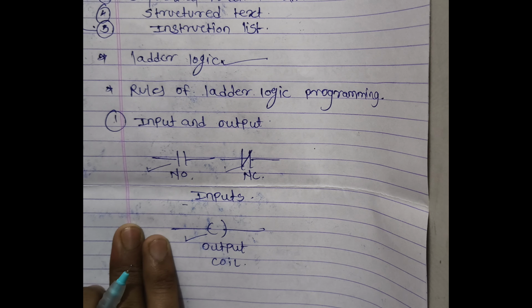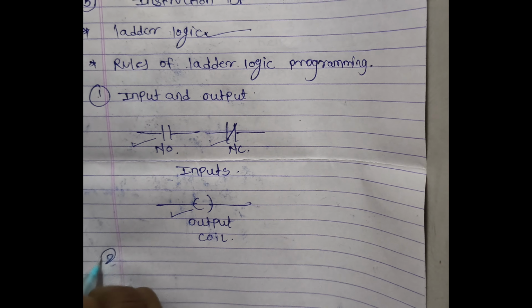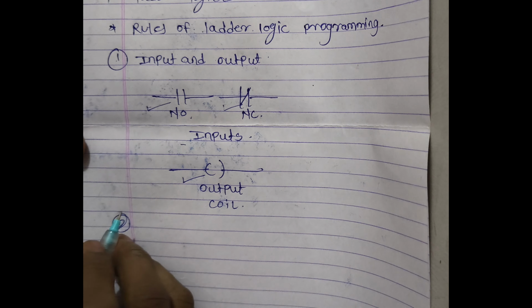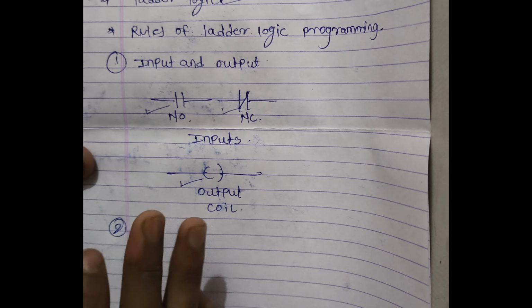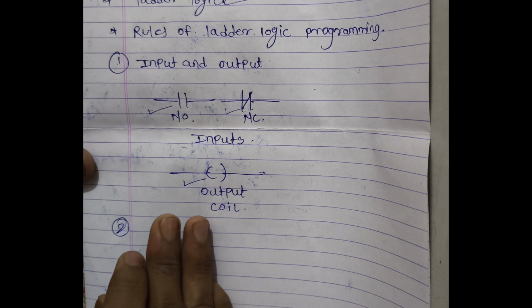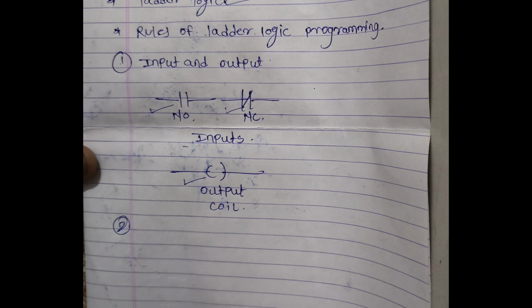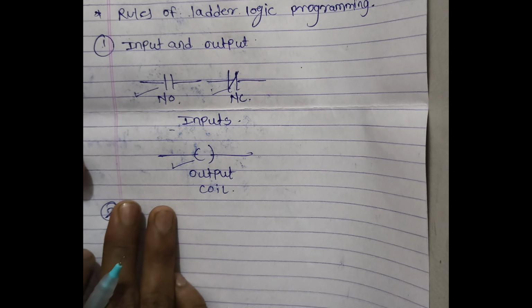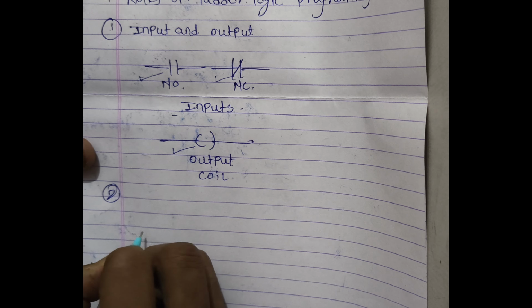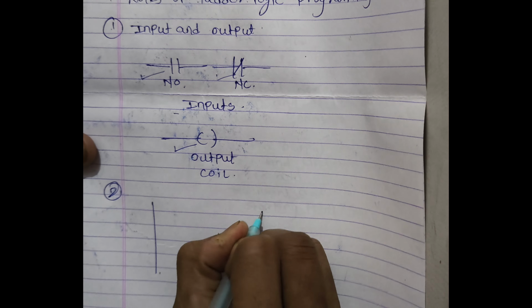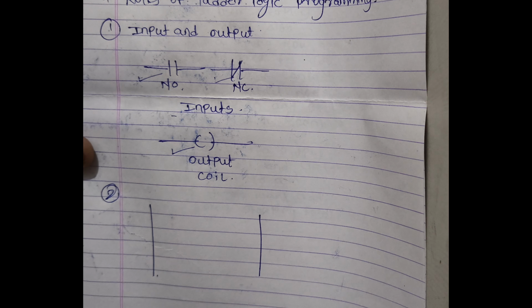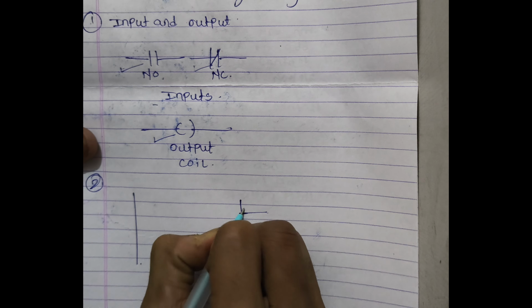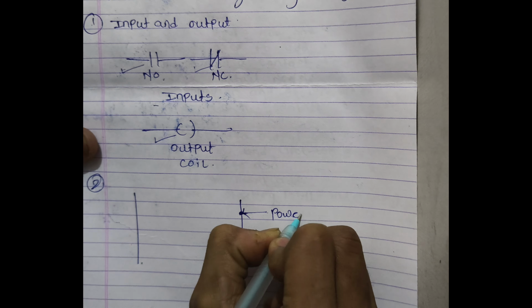Then the second rule. When you open any software, like Allen Bradley PLC has MicroLogix software and Siemens PLC has TIA Portal software for programming, you can see in the interface there are 2 horizontal lines. These lines are called the power lines.